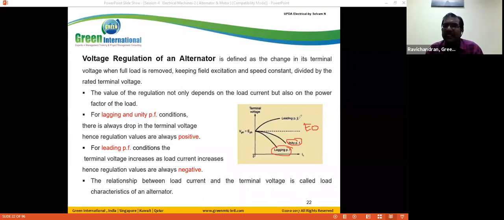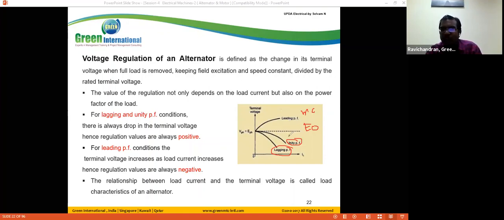But in the leading power factor, it is a magnetizing effect. Due to the magnetizing effect, the generated EMF, which is directly proportional to the speed as well as the flux, increases, because the flux is increased.